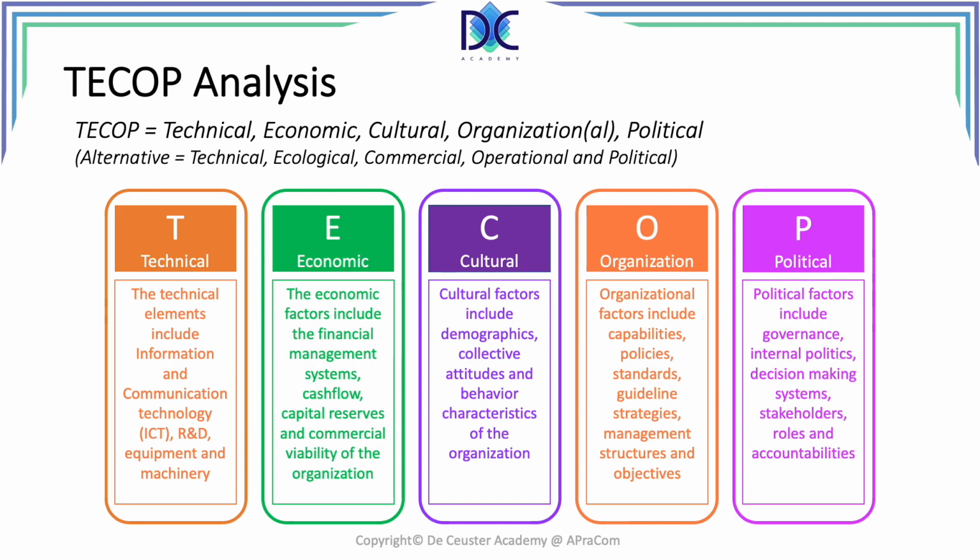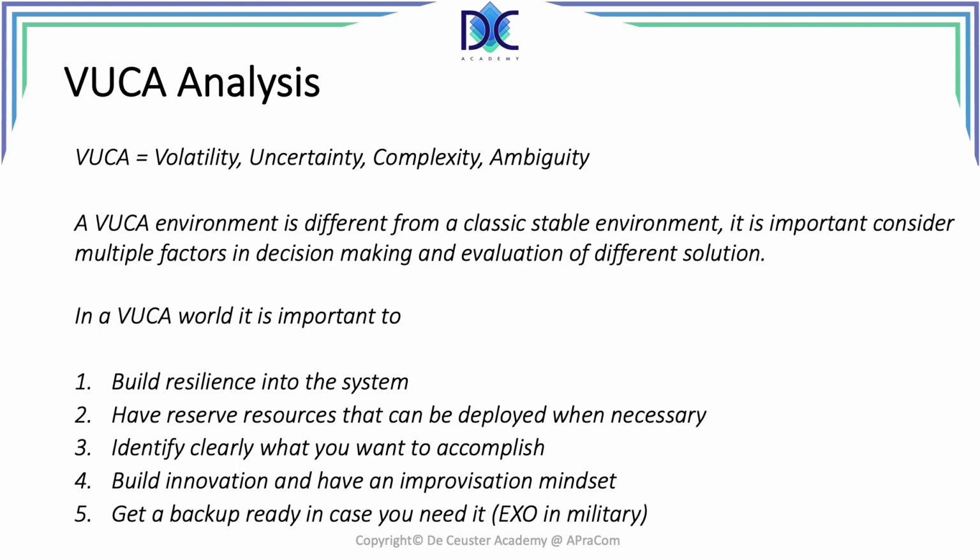Organizational factors include capabilities, policies, standards, guidelines, strategies, management, structures, and objectives. And political factors include governance, internal politics, decision-making systems, stakeholder roles, and accountabilities. So these are also quite interesting ways to consider or to evaluate risk on your project.